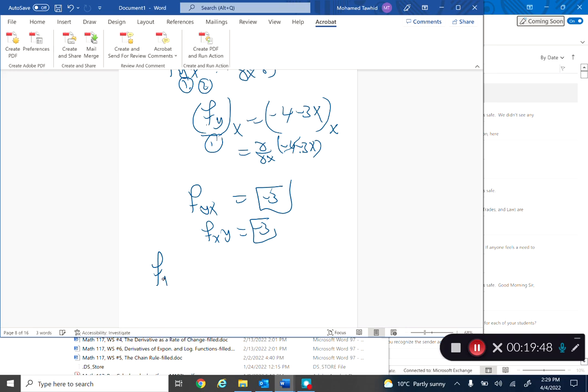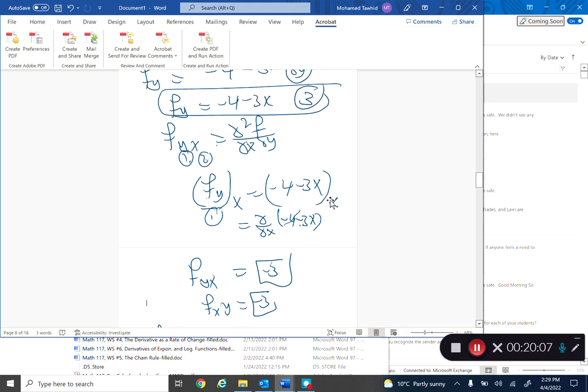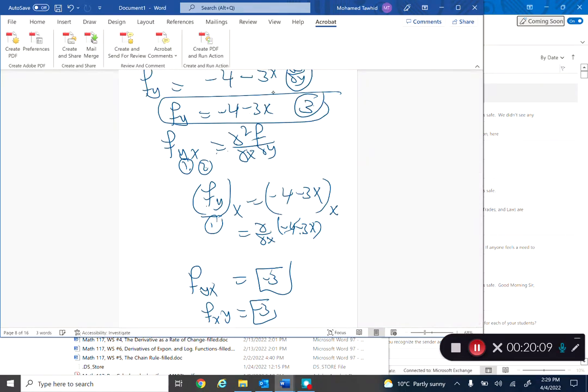Okay, that is one example. I need to get fyy. What is fy? That is the one you should really know, a copy from up, equation 3: negative 4 minus 3x.